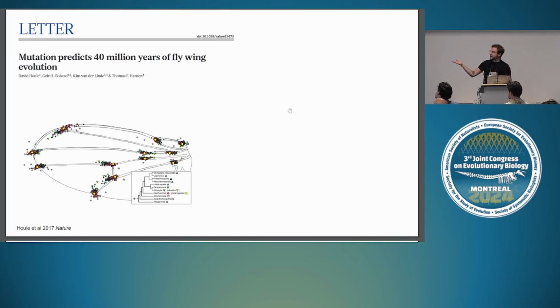And this is just one example that we just heard about too, coming out of David Houle's lab, where they looked at macroevolution in Drosophila wing shape that accumulated over 40 million years of evolution. What you see there is a sketch of a Drosophila wing, and you can see how different wing nodes accumulate different variations over the phylogeny.